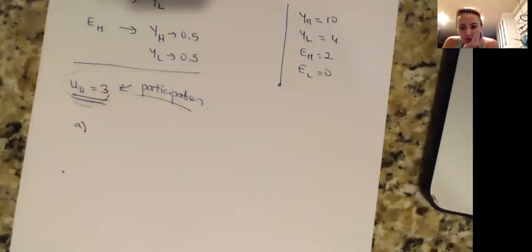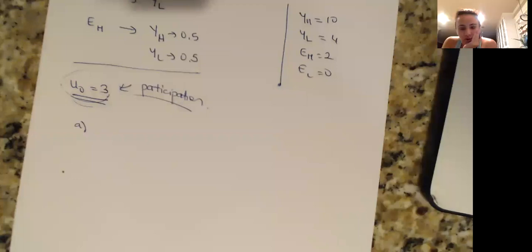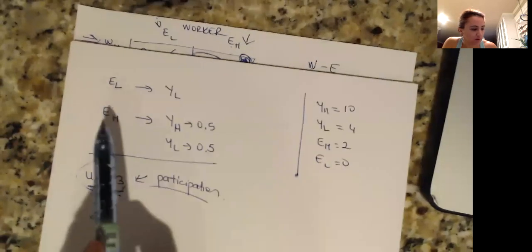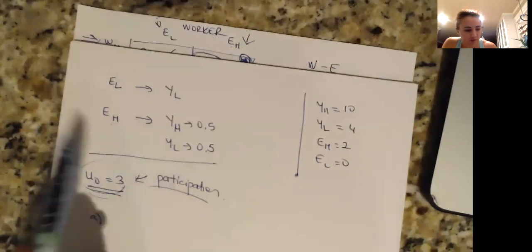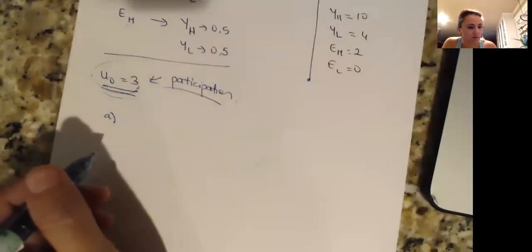Okay, so part A. If the firm could observe the effort directly, so he can directly say that your effort is L, your effort is H. If he can do that, then he can write a contract simply based on the effort level.